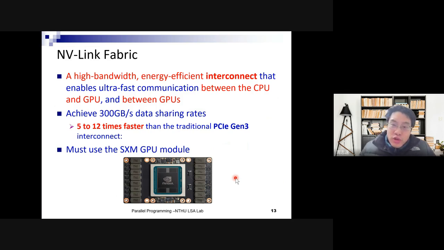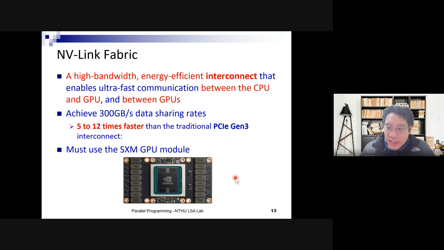So if you don't want to replace your motherboard, you still want to stick with your machine based on PCI switch, but you want to have an NVLink, then there's another product called the NV Bridge. You can look it up from the internet.